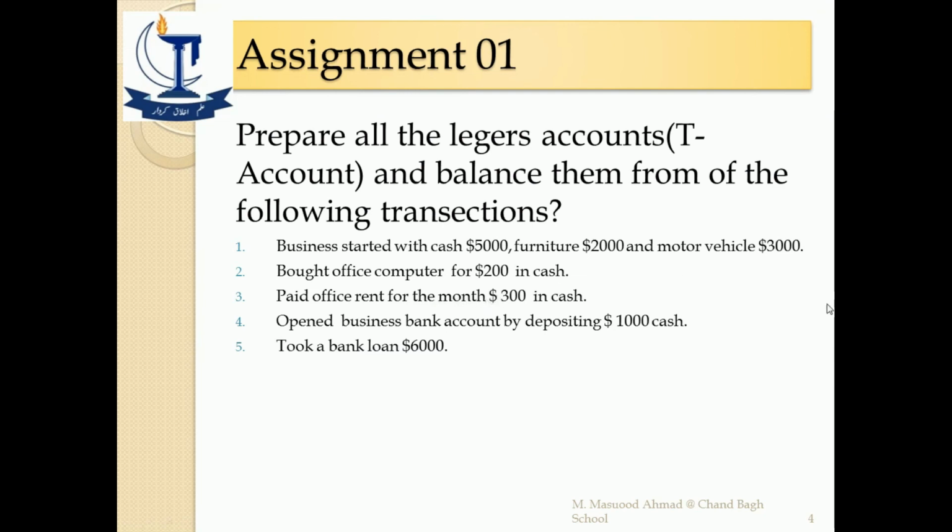You should put this entry in the same account you already prepared for cash. For opening a business bank account, you have to open another ledger, that is the bank account, and cash is already opened, no need to open a fresh cash account. And you took a bank loan, so you have to prepare a loan account, that is your liability, and bank is already opened in the fourth entry. You have to prepare the ledgers, balance them, and send them on my WhatsApp.